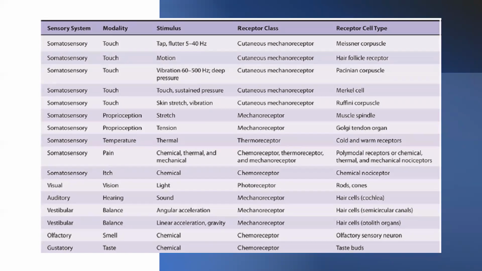This also includes receptors for taste and smell, as well as the visceral receptors that are sensitive to changes in the plasma level of oxygen, body pH, and osmolality.